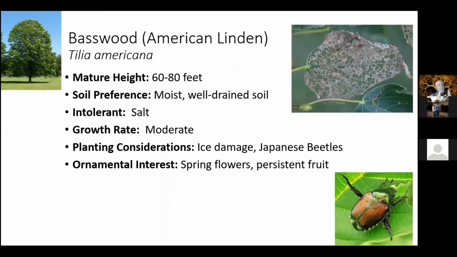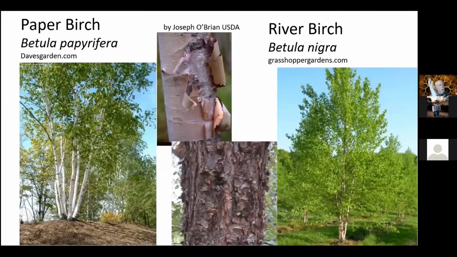They can survive that. They've been doing it to it for years. As long as they don't have too many other stresses like too wet, too dry, too salty, they can survive being eaten like that, and they'll leaf out again next year. So there's the basswood. And they've got that lovely oval shape to them.